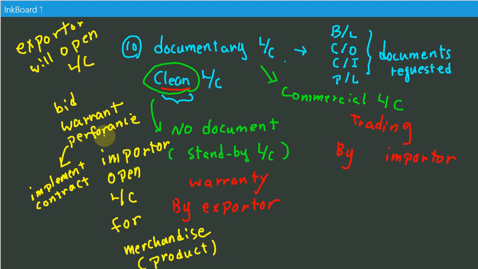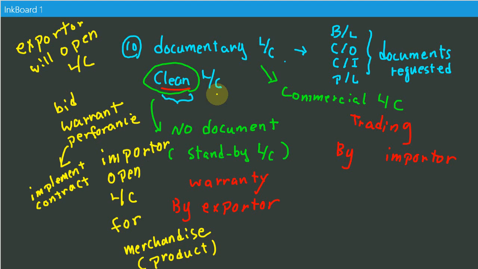And then if the export does not proceed with the performance, this amount opened by clean LC will be drawn by the import as compensation right there. This kind of LC is called clean LC.